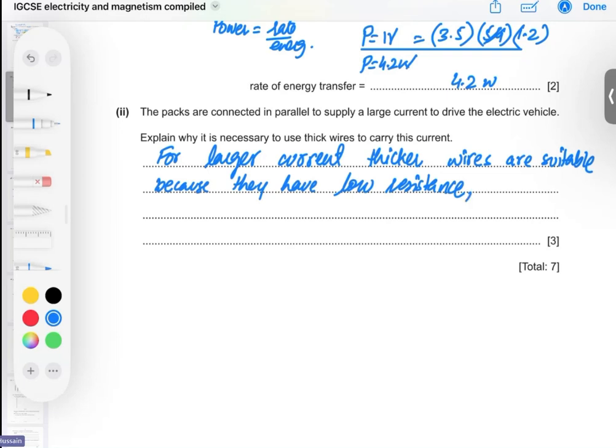So what would happen? Less thermal energy is produced, right?